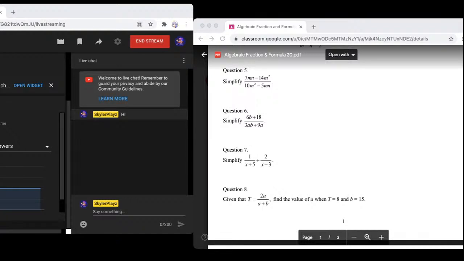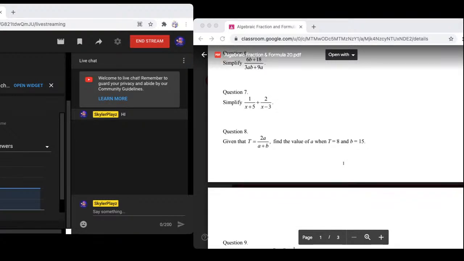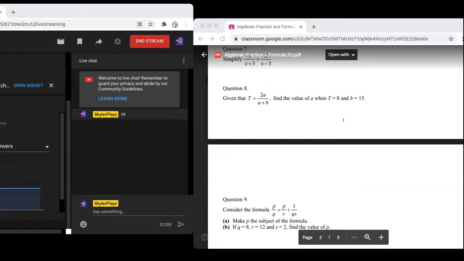8th question. Let me adjust the camera so that you can see the question. Okay, it's just substitution. t equals 2a divided by a plus b.